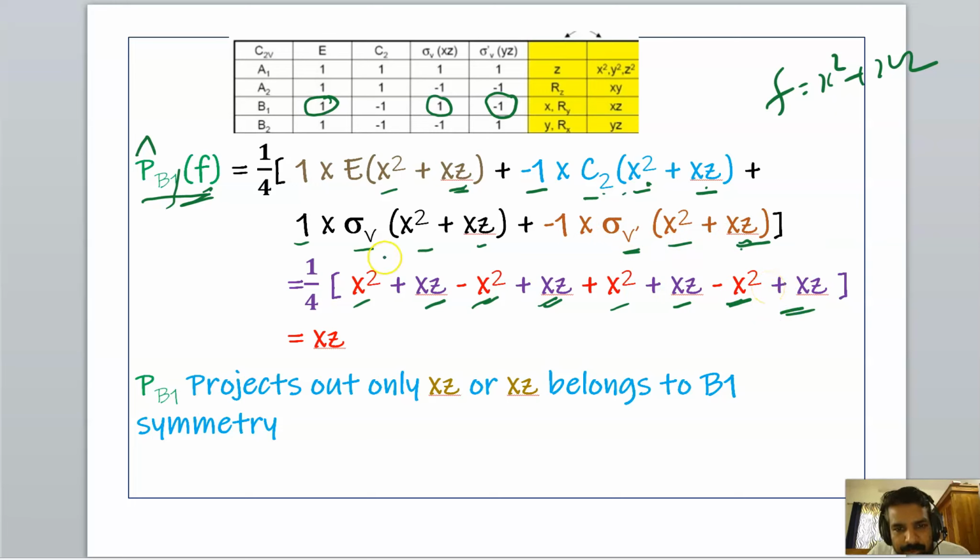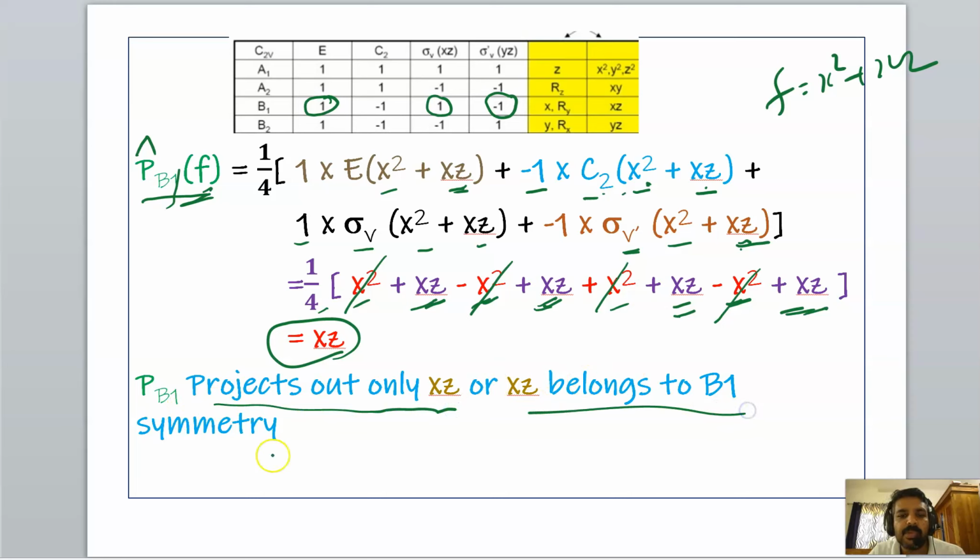So x square minus x square cancelled. Xz plus xz plus xz plus xz, 4xz divided by 4 is equal to xz. That is, P(B1) projects out only xz, or xz belongs to B1 symmetry. We can see here B1, xz belongs to B1 symmetry.